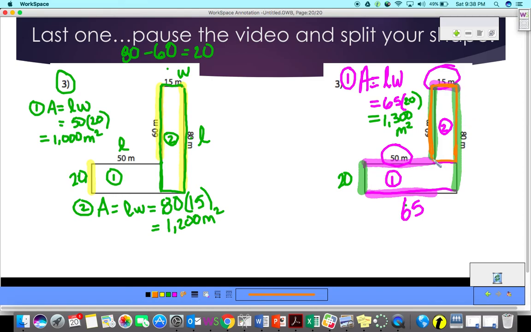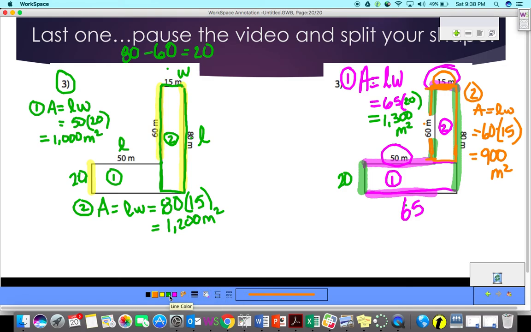This distance right here is 60, from here to here. That's what we want. So I know shape 2 is still a rectangle. And we're going to go 60 times this measurement, which is 15. 60 times 15 is 900 meters square.